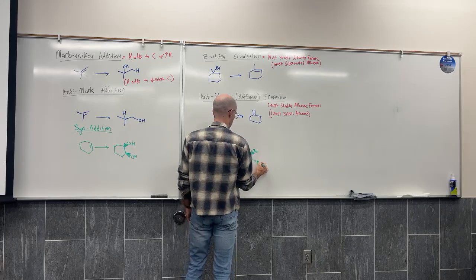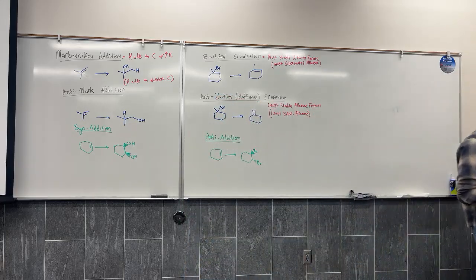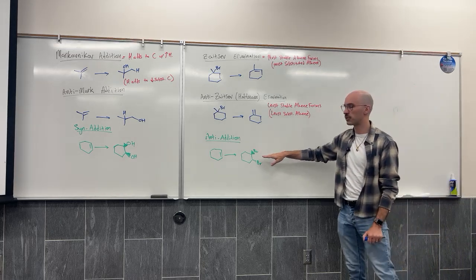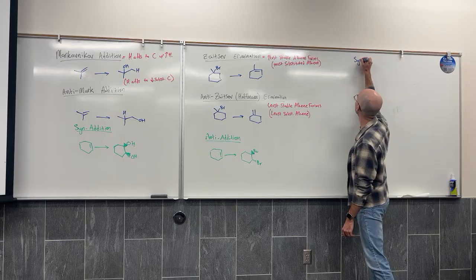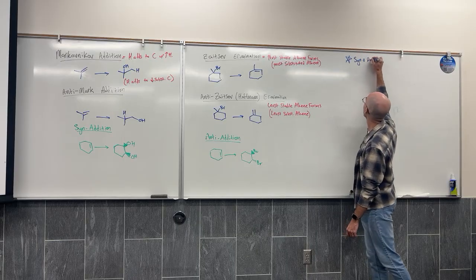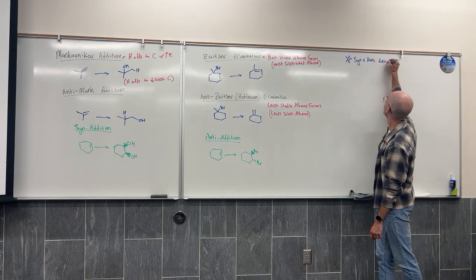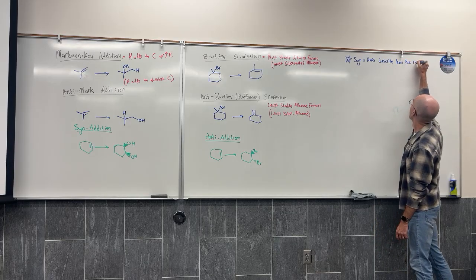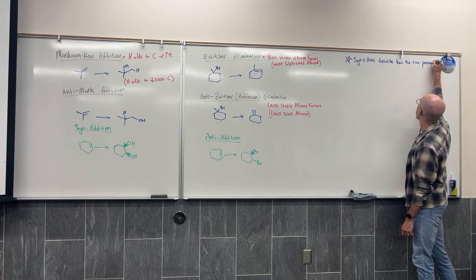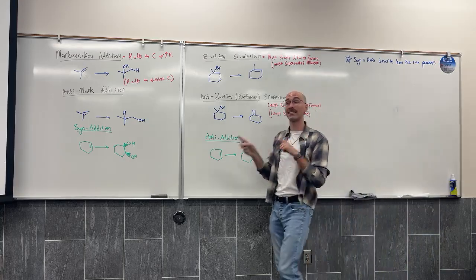But I have something I need you to understand about this. In the ring, it's very obvious to see that syn addition leads to a cis diol. It's very obvious that anti-addition leads to a trans dihalide. But syn and anti are not cis and trans.